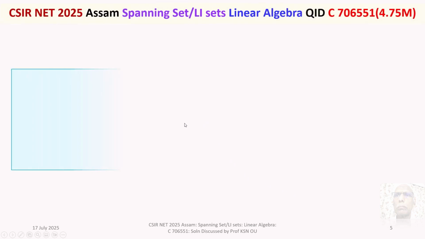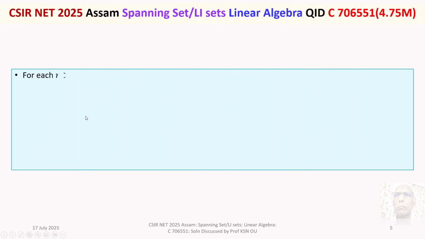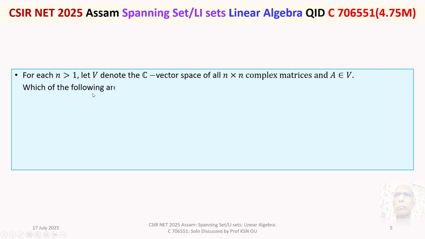The given question is, for each n greater than 1, let V denote the C vector space of all n by n complex matrices and A belongs to V. Which of the following are necessarily true? We are given 4 options.